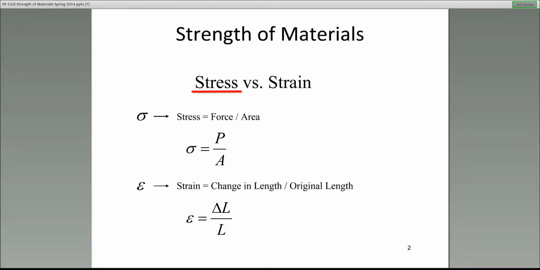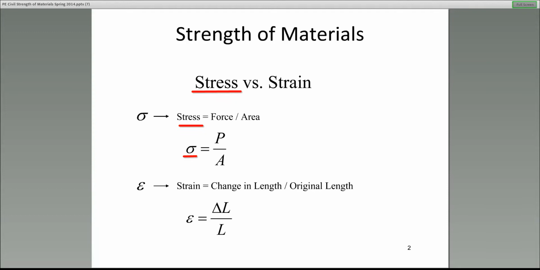Stress. Simply, we can express stress as the force divided by the area. Remember, we use the Greek letter sigma to designate stress. In this particular case, we are talking about normal stress.